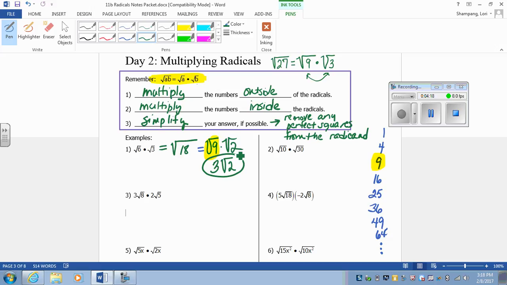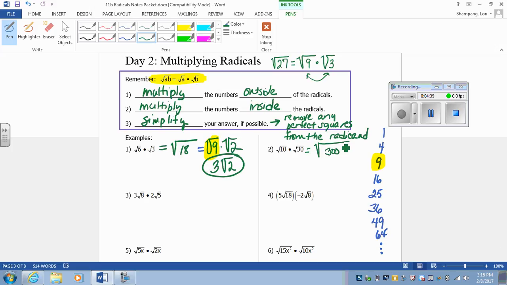How about number 2, the square root of 10 times the square root of 30? So the product rule says, yes, you can go ahead and multiply those and put them under one big radical sign. So 10 times 30 is 300. Now let's think about two factors of 300, and one of those factors should be a perfect square.